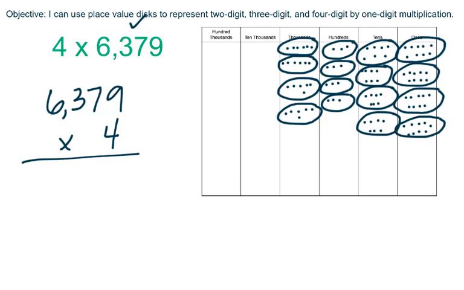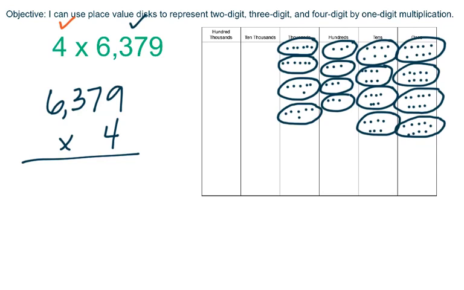I have 4 groups of each of my digits. Now, the reason that we're going to start getting away from the place value chart is if you notice, you start to get quite a few place value discs in your chart, and it just kind of gets overwhelming as you start to get to bigger numbers. So we'll start to leave that behind here soon, but we want to really hammer down that process of how are we getting these numbers? Where are these numbers coming from as we multiply over here on our vertical multiplication problem? So I multiply by 4, check.